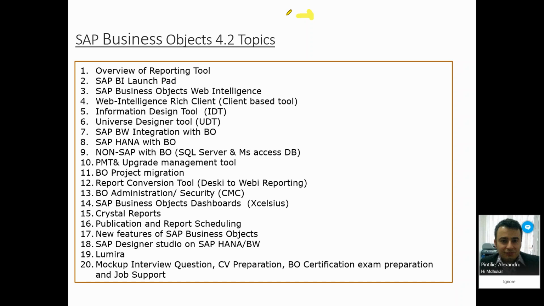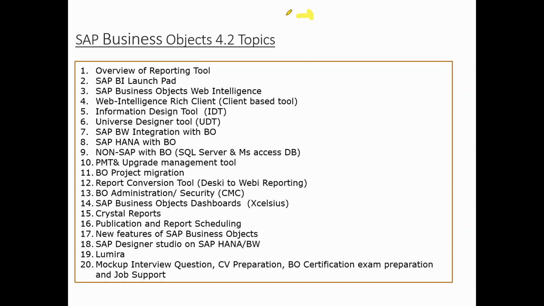In terms of BW and HANA, we are going to use all kinds of tools in business objects, with all kinds of sources. Wherever an SAP project is there, either in HANA or BW, they have to use business objects as the reporting tool. It's mandatory.